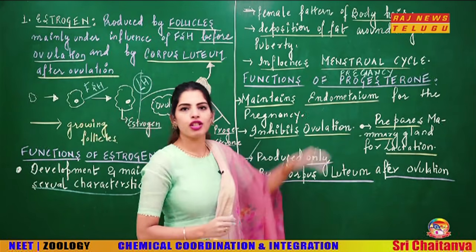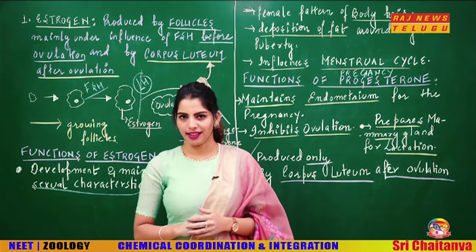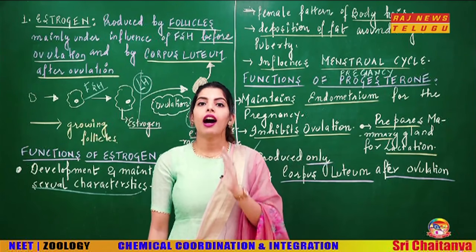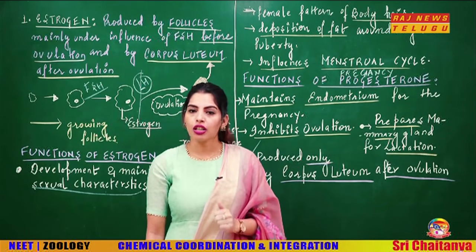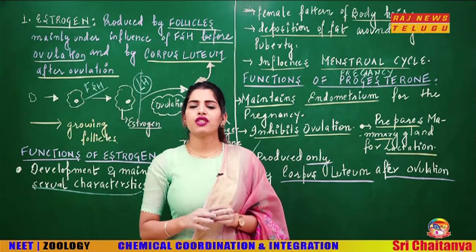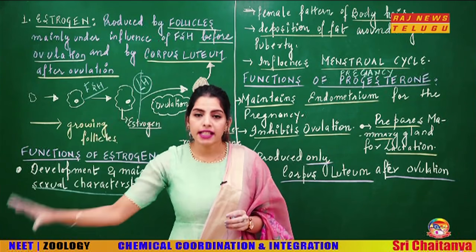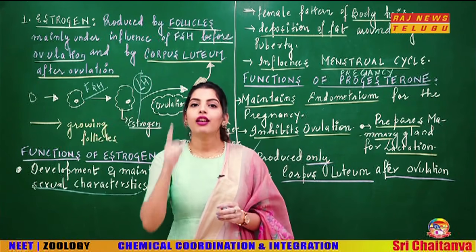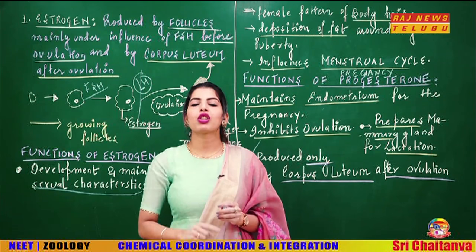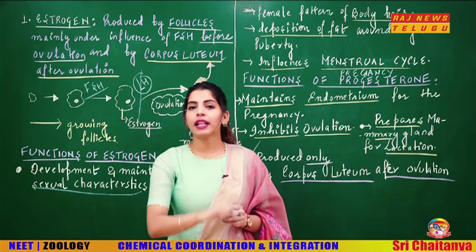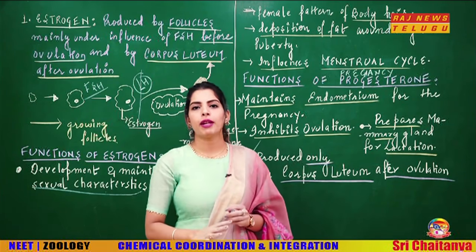It is the wall of the uterus, and the wall of the uterus thickens under the influence of progesterone, which is very important, required for implantation and for pregnancy to be sustained and carried, which is why progesterone is called a pregnancy hormone, as it can support pregnancy by thickening the endometrium.